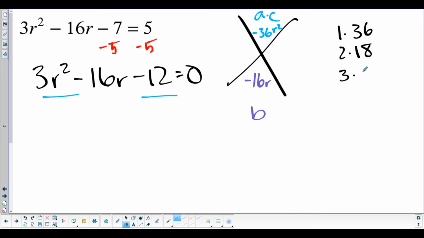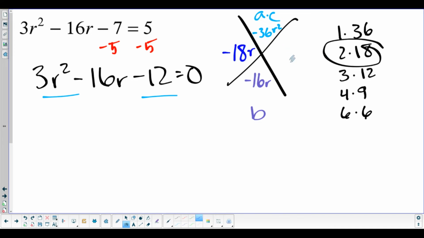But you can also do 3 times 12, as we just did, and then 4 times 9, and 6 times 6. Out of all of these, the one that can possibly lead me to -16 would be this one, right? 2 and 18. And it happens if the 18 is negative. So I have a -18r and a positive 2r. And if I add those together, I get -16. If I multiply them together, I get -36. So boom, there we go.